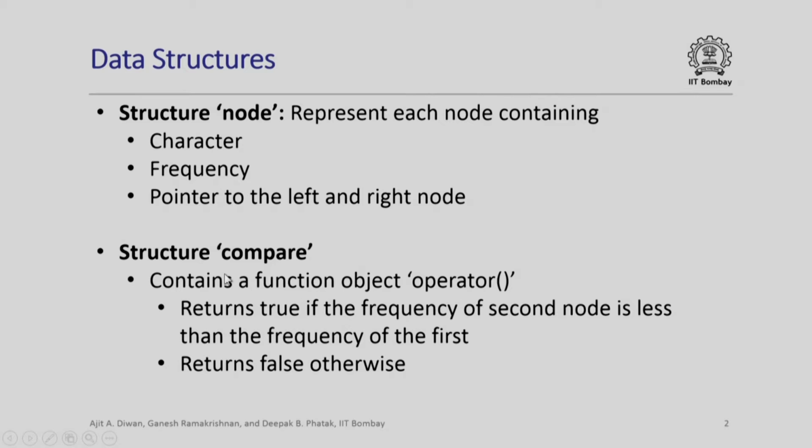So, there is a structure called compare which contains a function object. This particular function object will return true if the frequency of second node is less than the frequency of first. Otherwise, it will return false. This will help us to compare two frequencies.